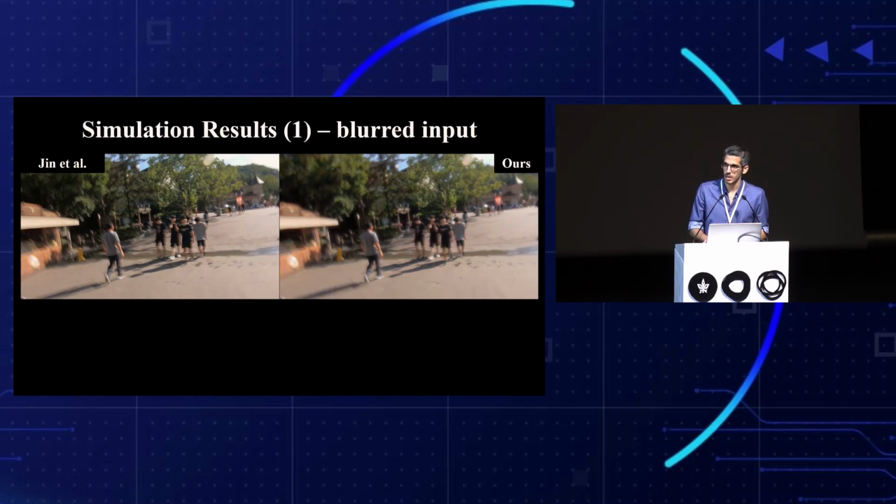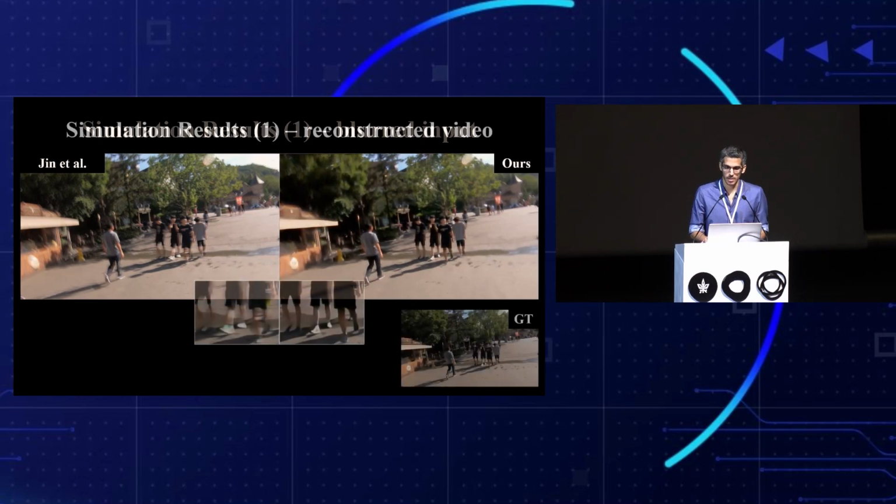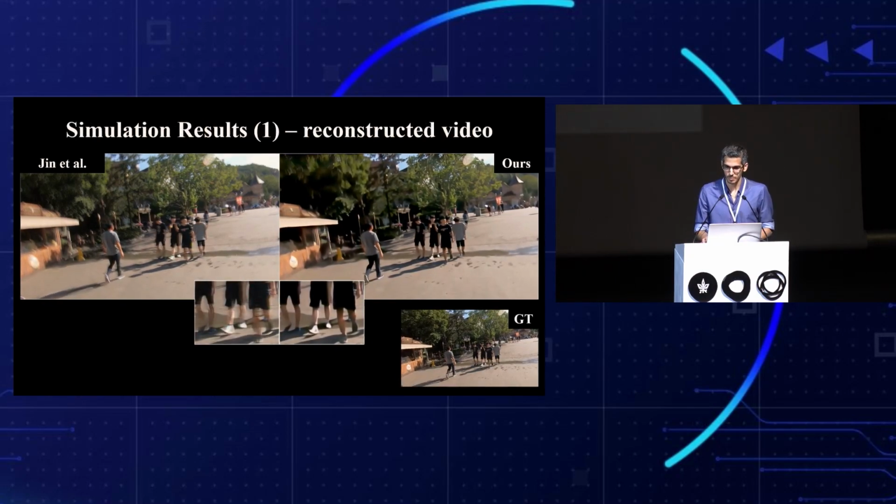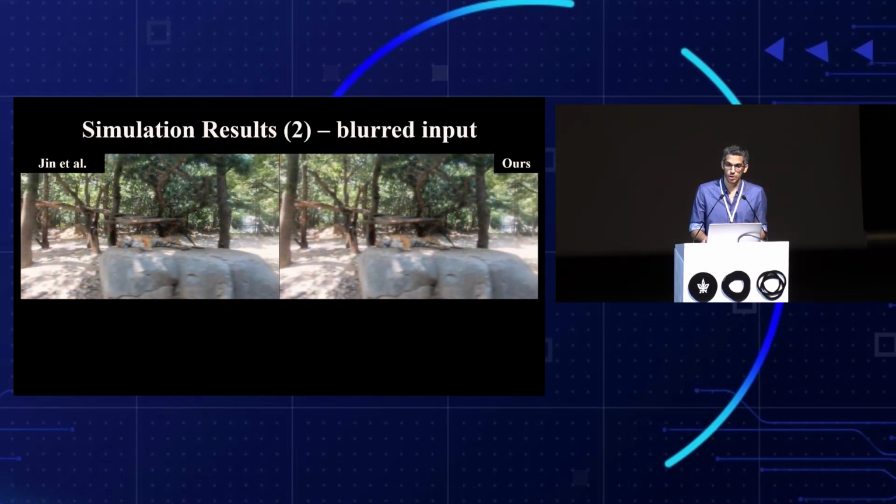And let's take a look at simulation results of video reconstruction. These are the two inputs, the conventional blur and our coded blur. And these are the reconstructions. As you can see, our reconstruction is sharper and in a higher frame rate. Additional simulation result, again in the same formation.